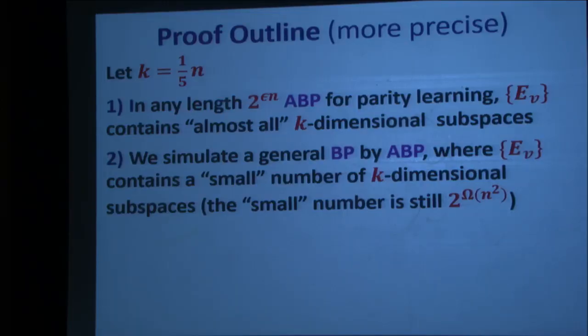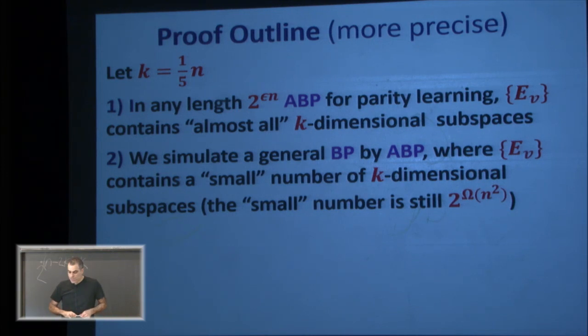And now let me give you a more precise outline of what is going on in the proof. So again, k is 1 over 5n. What we already showed, at least sketched, is that in any length 2 to the epsilon n affine branching program for parity learning, the set of all EVs, if you look for every vertex V, contains almost all k-dimensional subspaces.